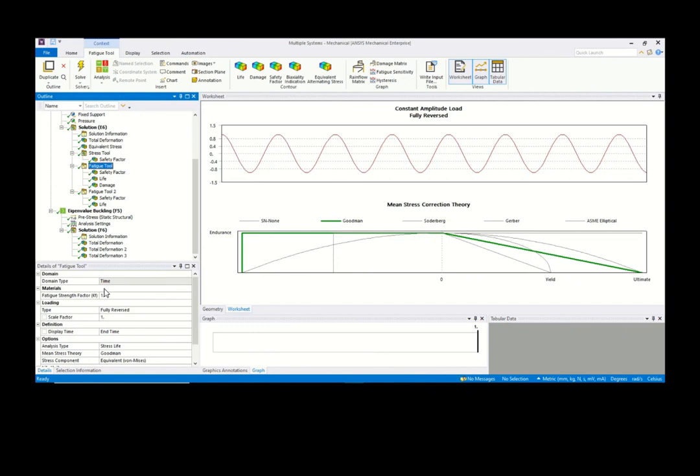Next week we will revisit this problem after dynamic analysis, particularly vibration analysis, and see how the vibration effects come into play and how we revise our fatigue analysis results.